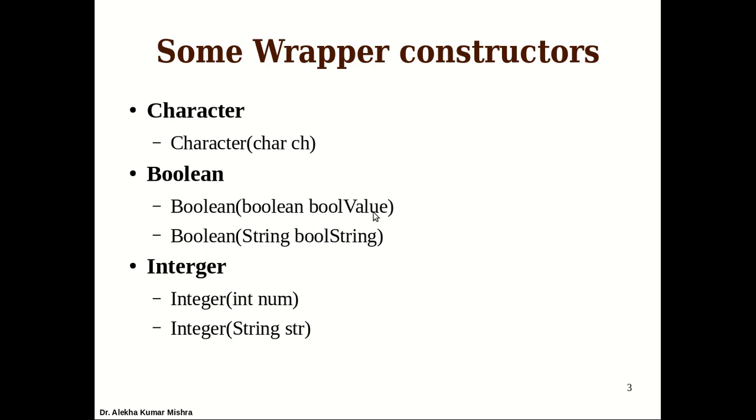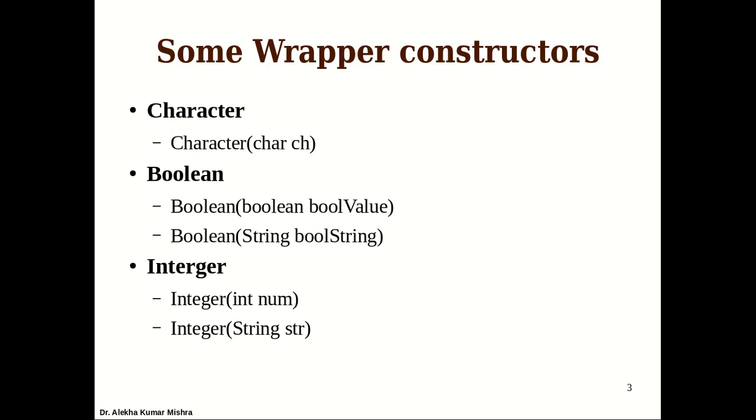Both can be applied, depending on what type of Boolean case. When you pass a Boolean string, that creates the equivalent Boolean object. Depending on what string we pass, the corresponding object can be created.